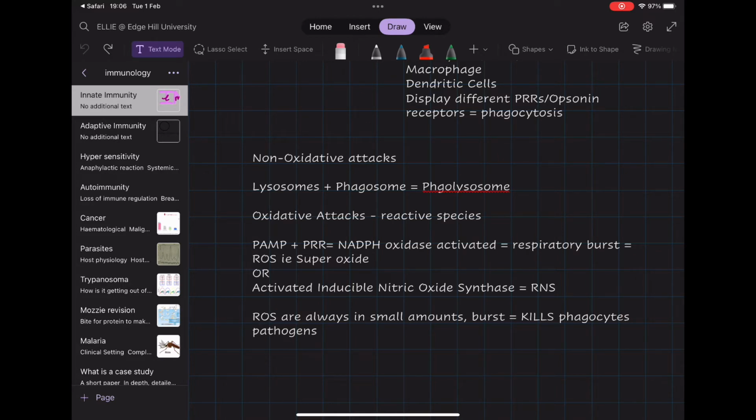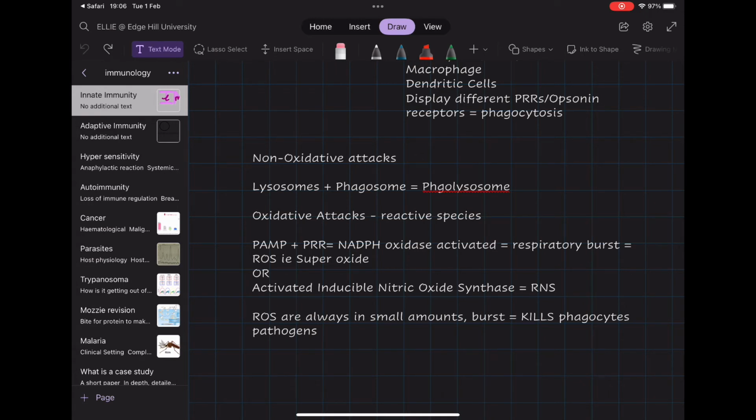It can either activate a membrane associated NADPH oxidase. This then causes a respiratory burst, which is the increase of oxygen consumption. This produces the reactive oxygen species such as superoxide or H2O2, which then destroy the pathogen.